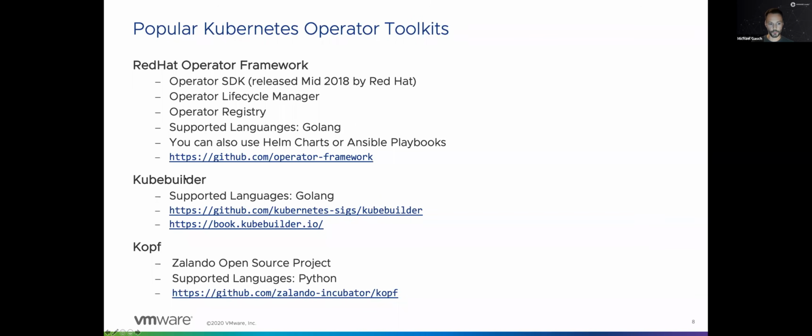They used to compete a little bit, but recently there has been work to harmonize both of them. One is the Red Hat Operator Framework, which has an Operator SDK for building these kinds of operators. And then there's Kubebuilder, which is part of a Kubernetes special interest group.